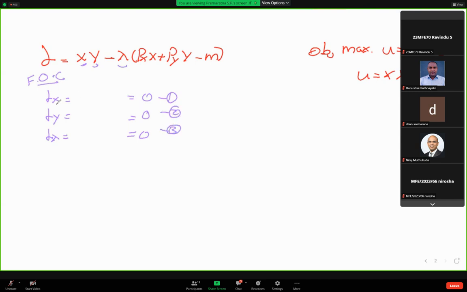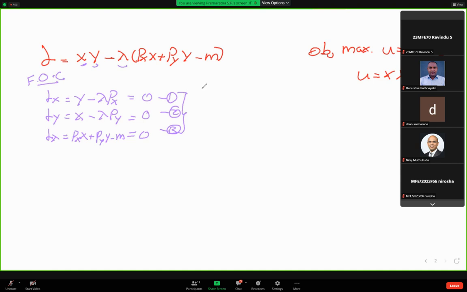When you differentiate with respect to X you get Y minus lambda Px, with respect to Y, X minus lambda Py, and with respect to lambda, Px X plus Py Y minus M.